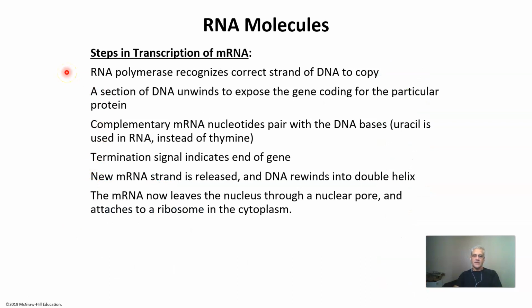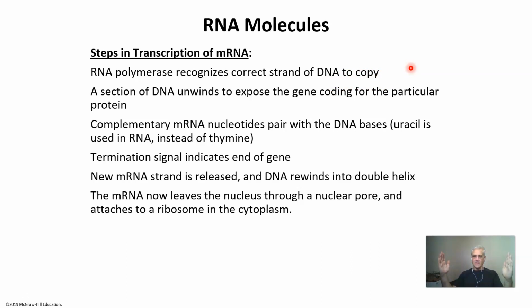Okay, so RNA molecules, steps in the transcription. Remember, this process is called transcription. We're converting it from one kind of nucleic acid into a different kind of nucleic acid with a few small differences in between the two. We still haven't gotten to making a protein yet. That's the next step. RNA polymerase recognizes the correct strand of the DNA. Remember, when I say correct strand, how does it know? You have two strands of DNA.